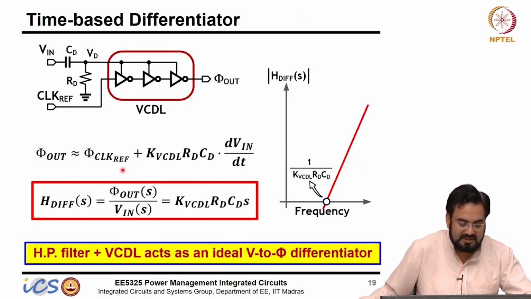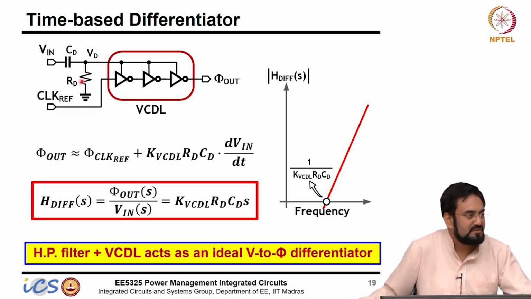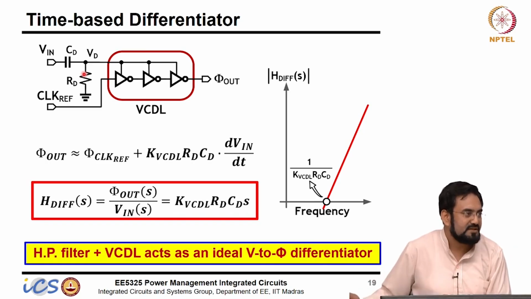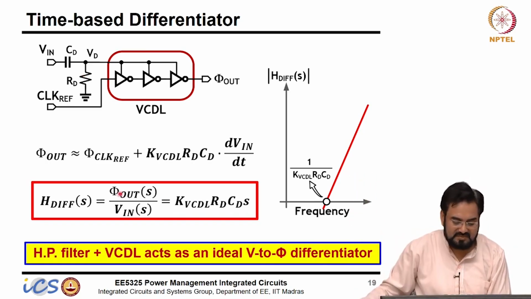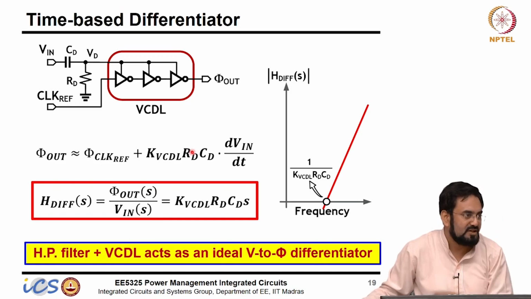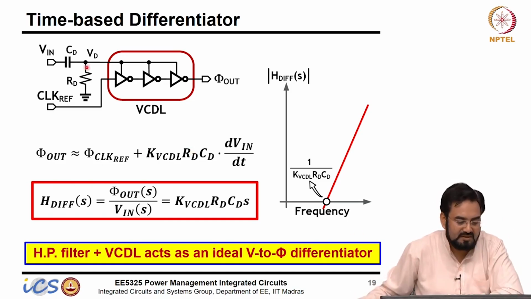So, what we actually do for derivative, we simply put a first order low pass filter and use the same VCDL. If the RC time constant is small enough to push that pole outside, it will behave like a differentiator, correct. So, your pole is outside the UGB, so you will get only the S term in the numerator, the denominator is out of the picture.